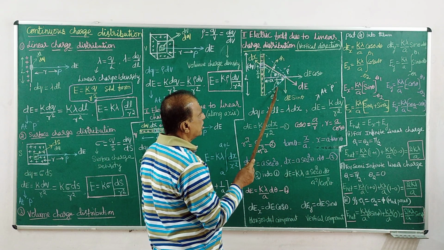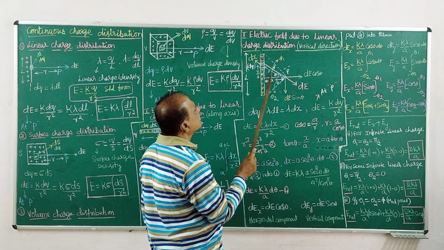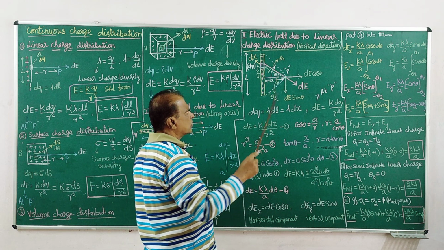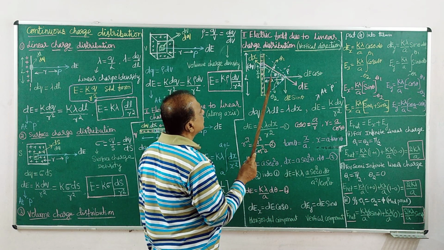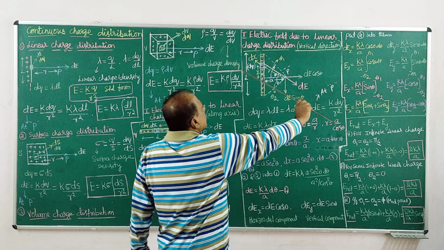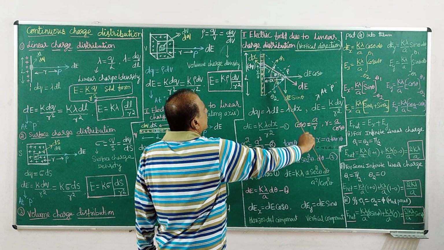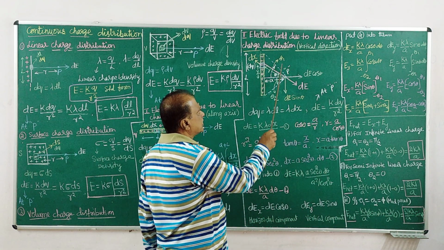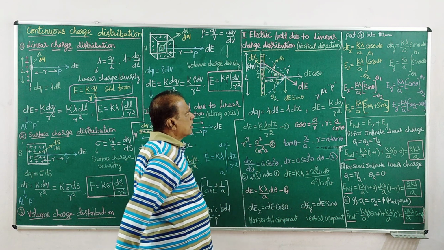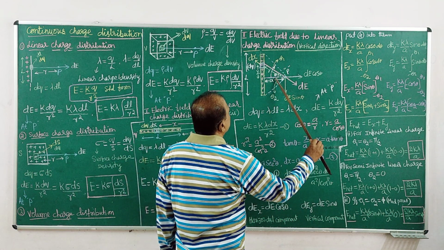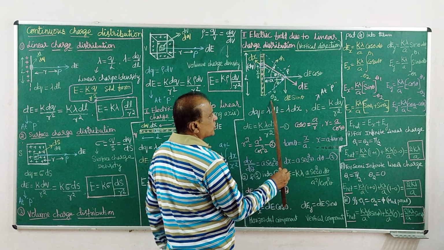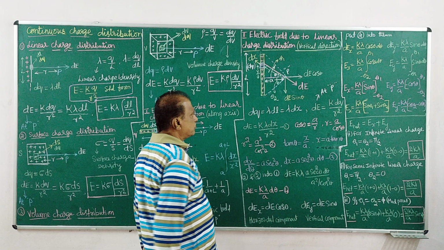Let us call this angle theta 1 and this angle theta 2. Theta 2 is in the clockwise direction, so it carries a positive sign. This other line rotates in the opposite, anti-clockwise direction, so this theta takes a negative sign, minus theta.